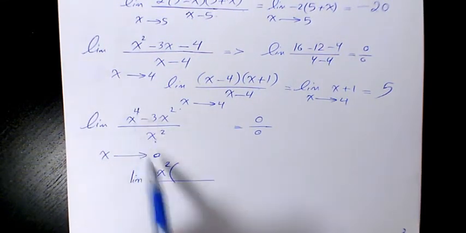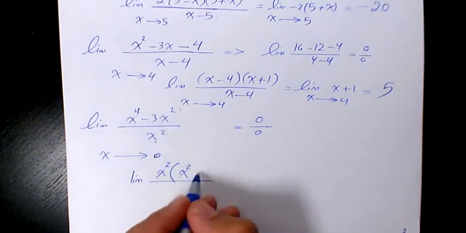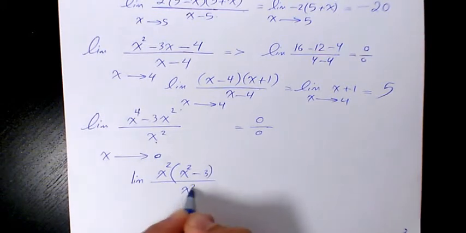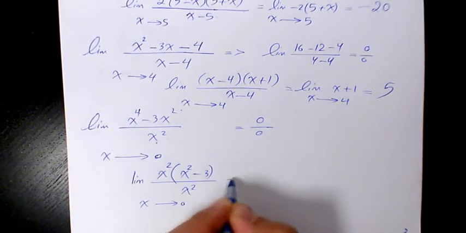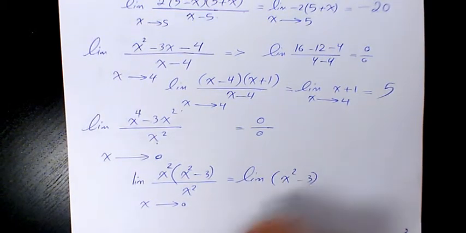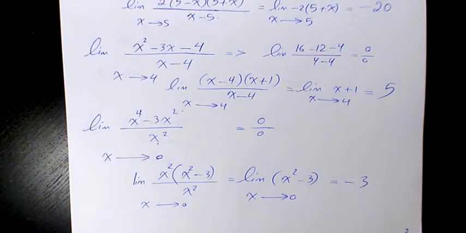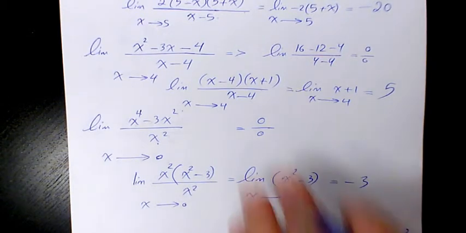X to the power of 4 divided by x squared is going to be x squared. Negative 3x squared divided by x squared is going to be negative 3. The x squared in the numerator and denominator cancel out, and it's going to be the limit of x squared minus 3 when x approaches 0. So it's going to be negative 3.